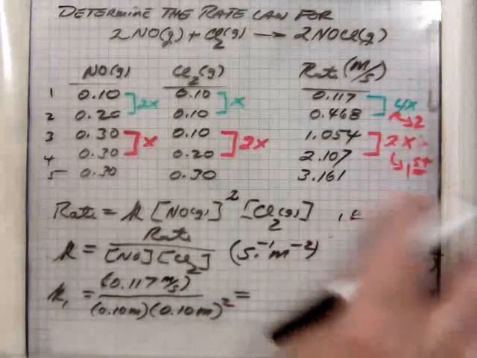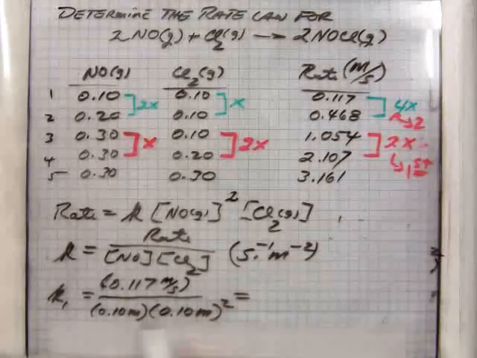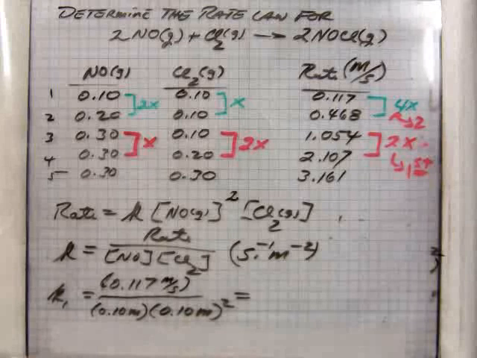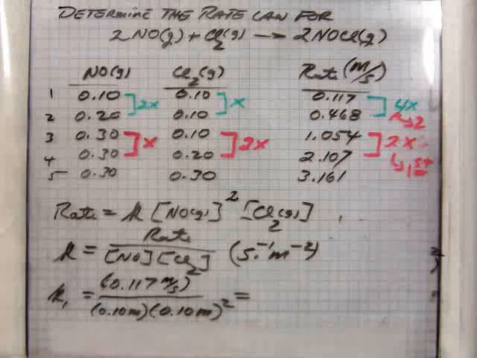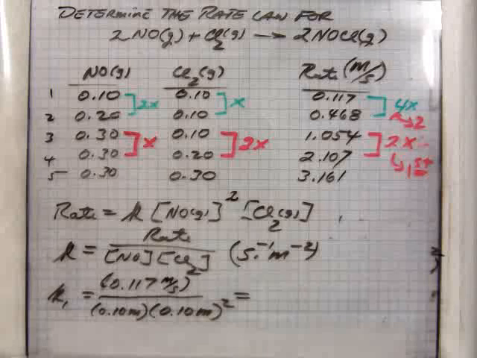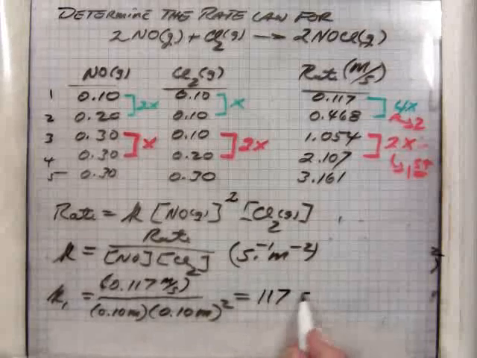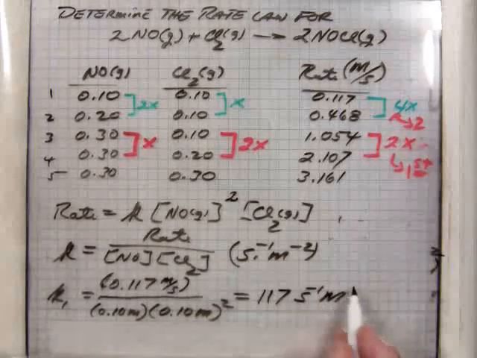So that's just manipulating those algebraically and reducing them to the simplest form. Then you calculate the value, 0.1 squared times 0.1, take the reciprocal, times 0.117, and I get 117. And that's seconds to the -1, molar to the -2.